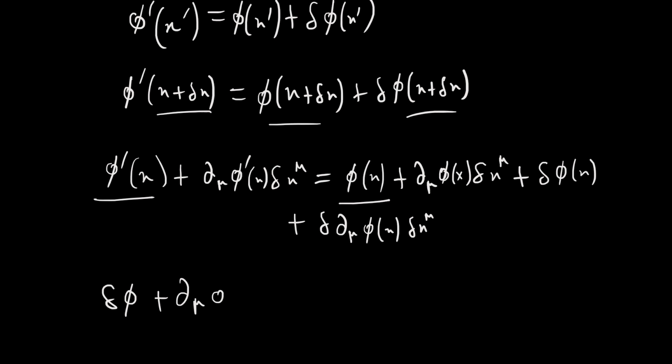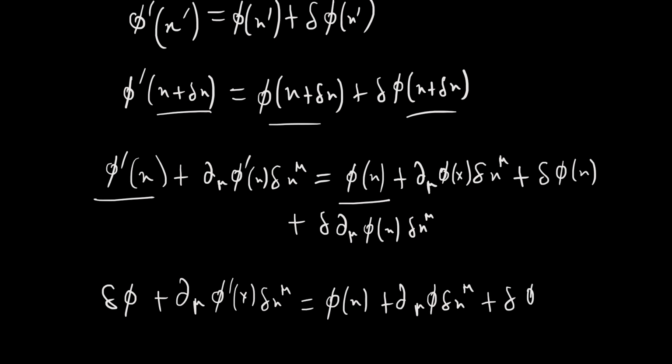Plus del mu phi prime of x delta x mu is equivalent to phi of x plus del mu phi delta x mu plus delta phi. So this delta phi would go with this delta phi, plus delta del mu phi delta x mu.